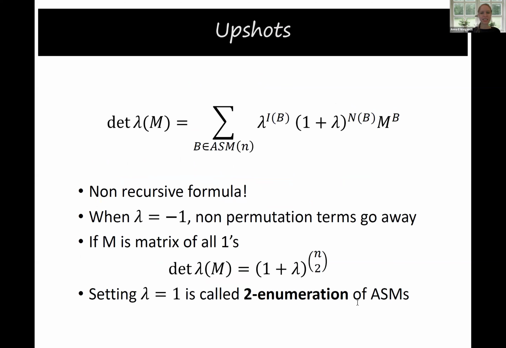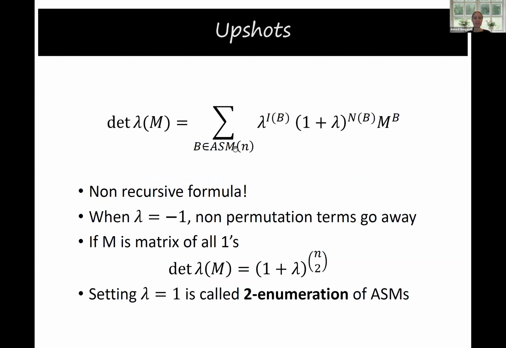Okay, so just summarizing some of the upshots of this formula. They took something recursive, they got something non-recursive. When you plug in lambda equals -1, this again recovers the ordinary determinant, and you'll notice that all the non-permutation terms go away because the permutation matrices are exactly the matrices that have no -1s.